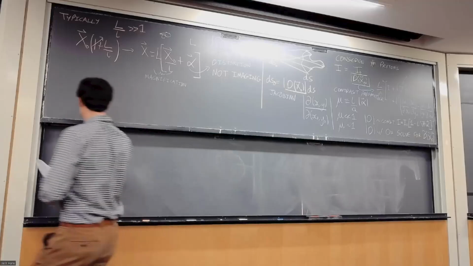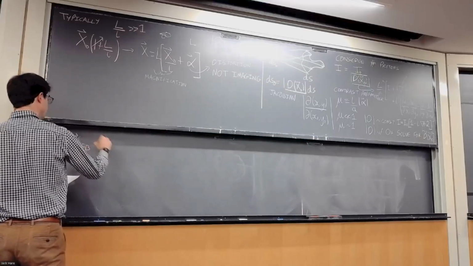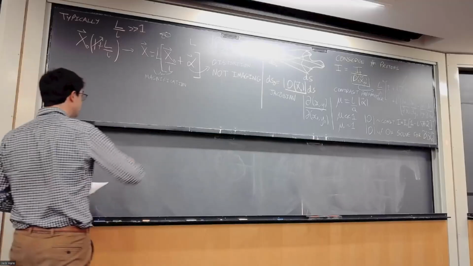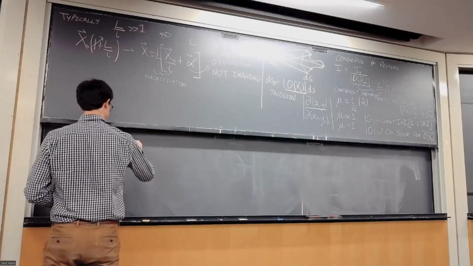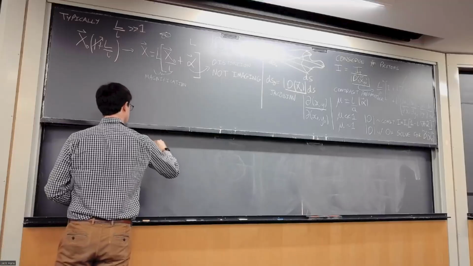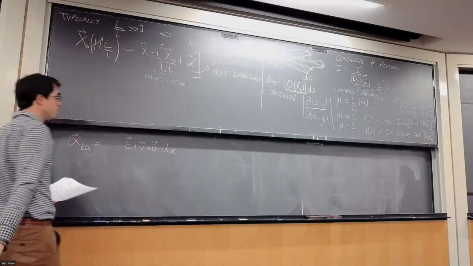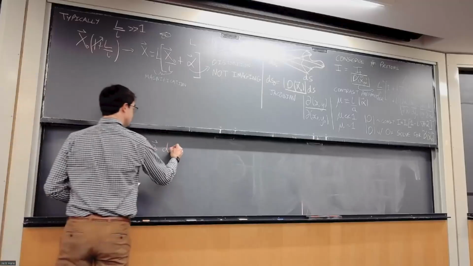Okay, so alpha for electric and magnetic fields together is simply the integral of that force, which is E plus V cross B, along the path, which remember we're approximating as dz.